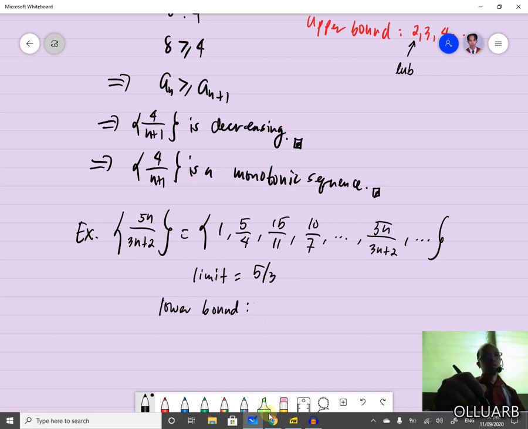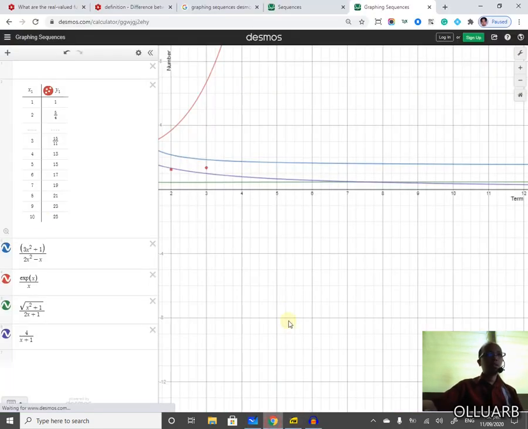Which is bigger, 5/3 or 1? So 5 divided by 3 is 1.6. So what is the graph of this function?